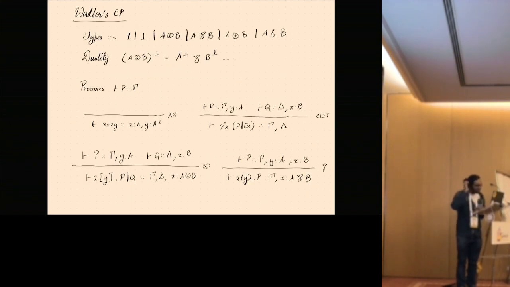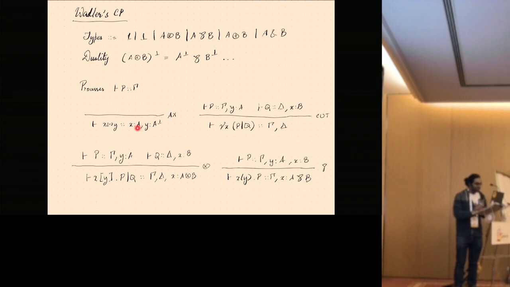Okay, so I'll just quickly go over CP, if you haven't seen it, because it's a very simple calculus in which you never want to write programs, but it's just a term model for a presentation of linear logic. So you have different kinds of types for tensor and par and coproducts and products, and you have a duality relation on types. And then there's a judgment which says a process in context gamma is generated by these rules, and so the simplest rules are usually axiom and cut.